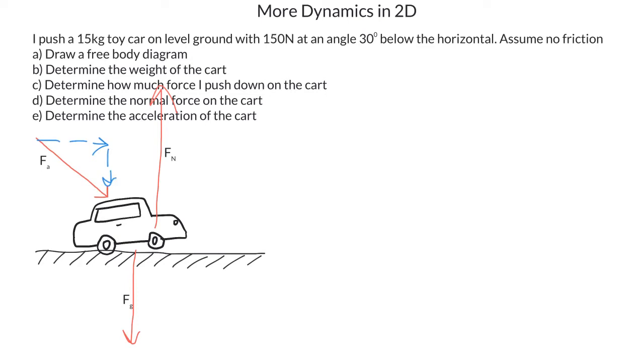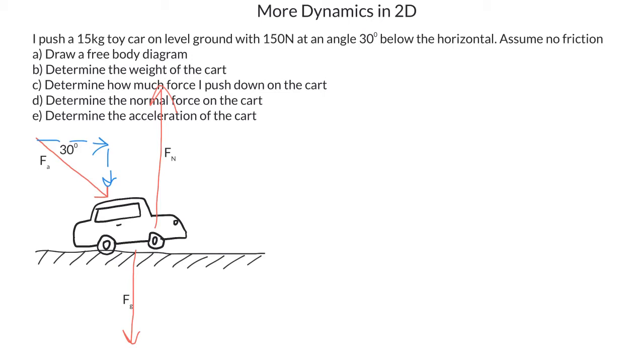And this angle right in here is 30 degrees because the question says 30 degrees below the horizontal. This is horizontal, and so I go 30 degrees below that. So I know that this angle in here is 30 degrees. And in fact, I am going to put that in so that it's a little more obvious. 30 degrees. There we go.